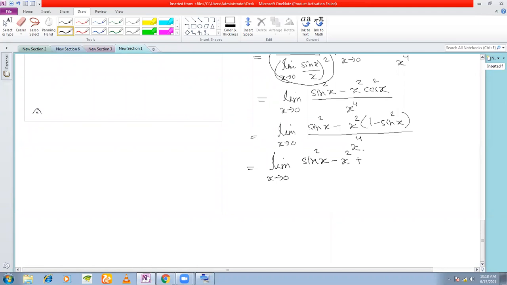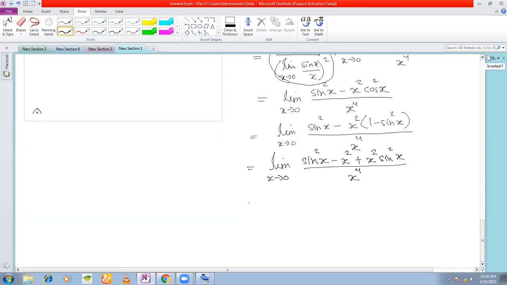Derivative of sine square x is 2 sine x cos x. And 2 sine x cos x is what? Sine 2x. That is why I change everything to sine.